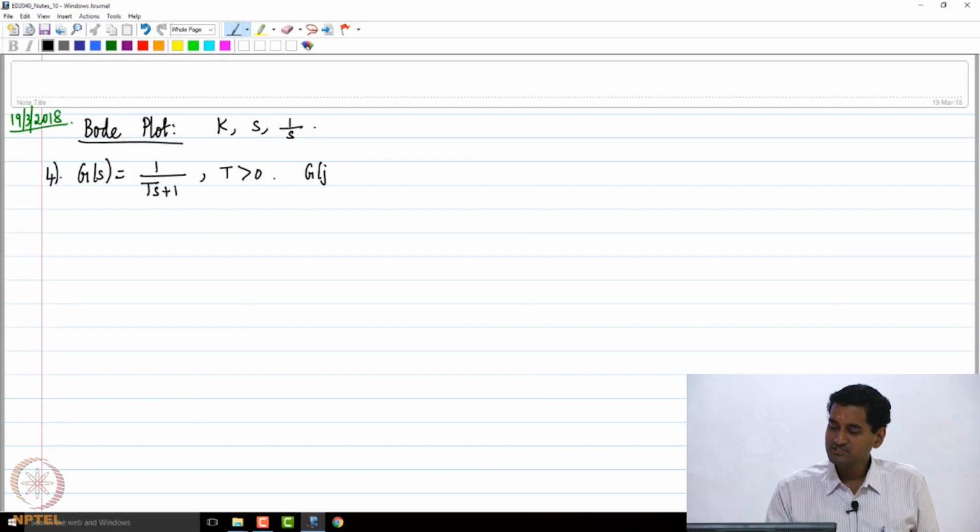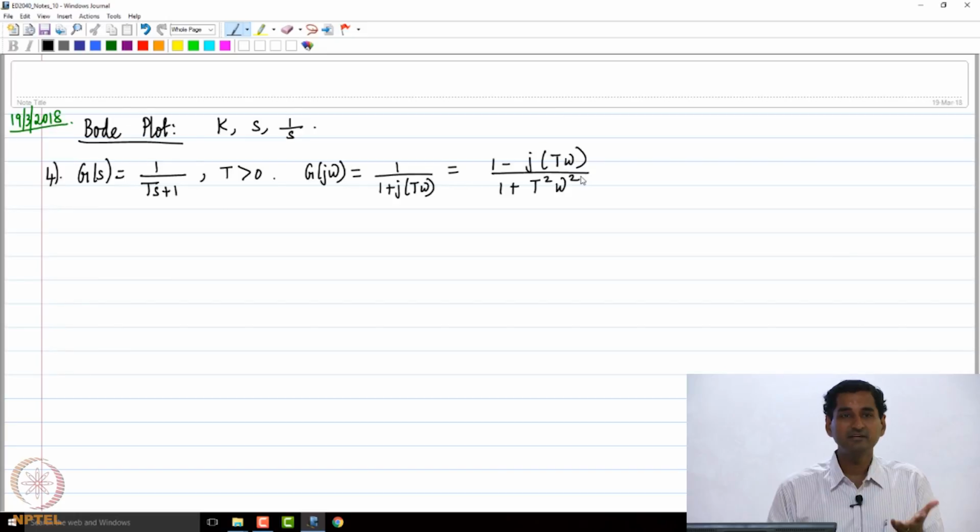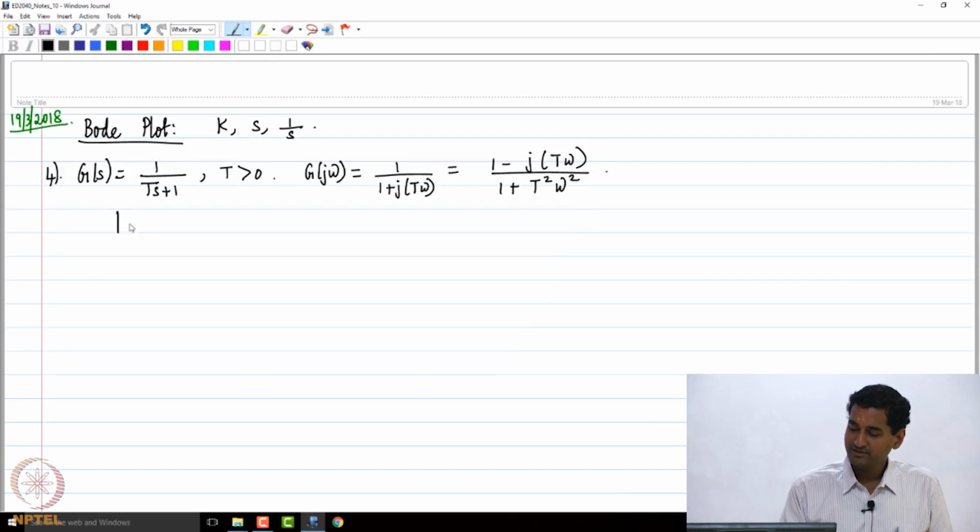So what will happen to G of j omega? Please recall that we are dealing with the sinusoidal transfer function, so you substitute s equals j omega. This becomes 1 divided by 1 plus j T omega. This can be rewritten as 1 minus j T omega divided by 1 plus T squared omega squared, when I multiply by the conjugate factor. Consequently, what will happen to the magnitude of G of j omega?